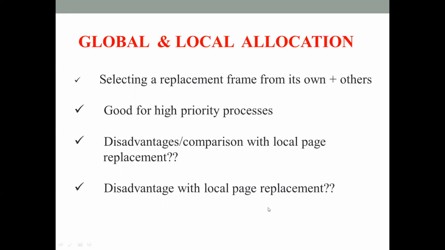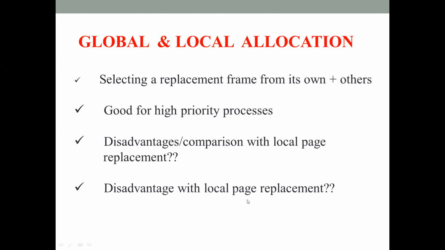It can only take frames from its own pages. That is the disadvantage of local page replacement. It will hinder the execution of the process by not making the frames of other processes available to it.